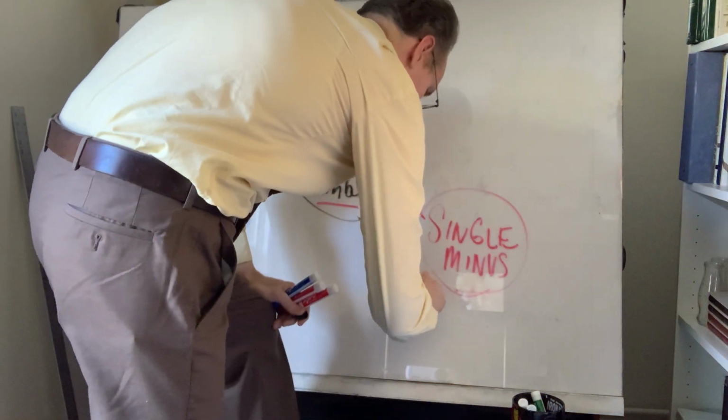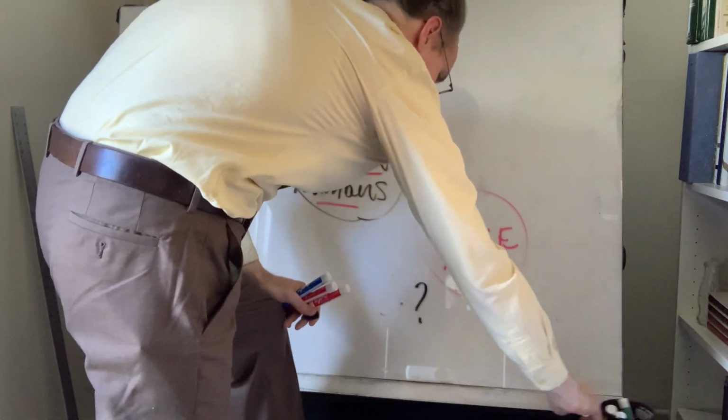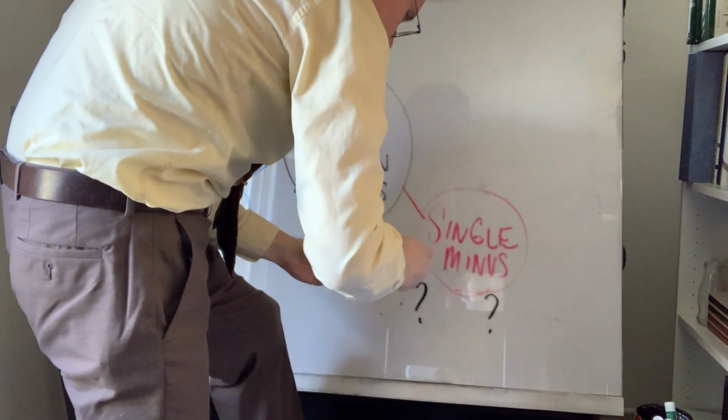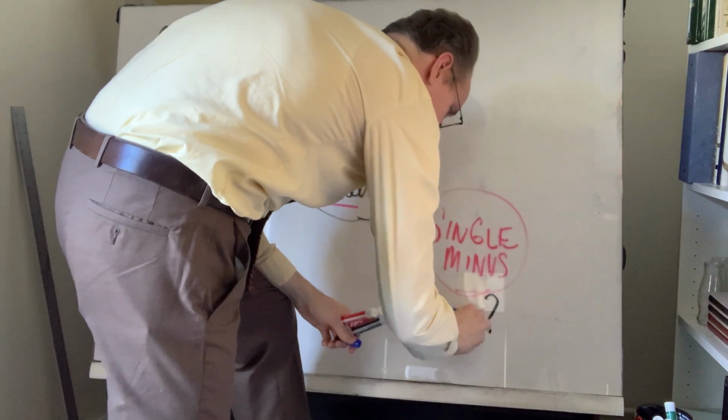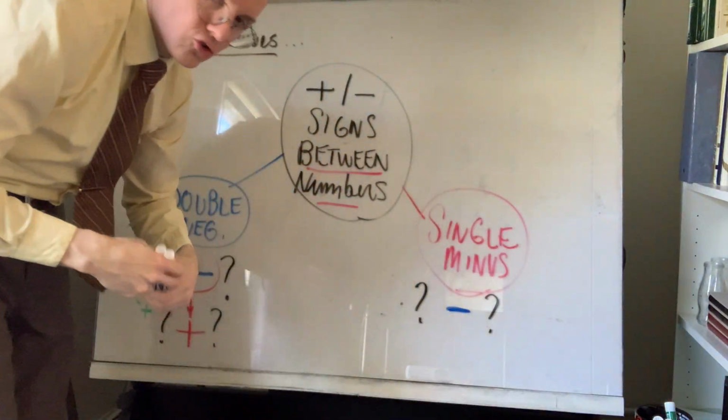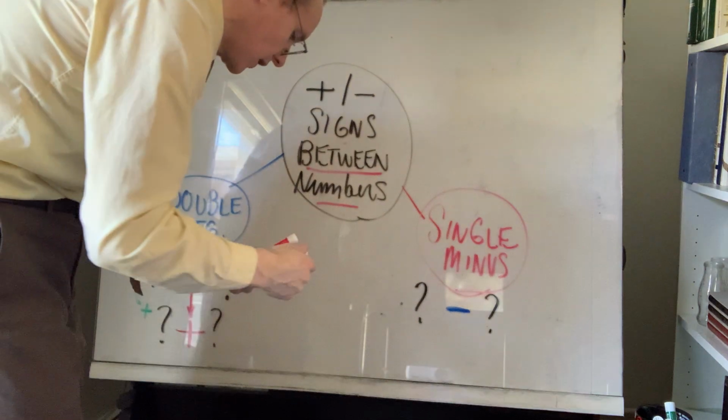You would have some number and then some other number, and there would be this minus here like so. If it is a convenience to you, you can write it like this instead.